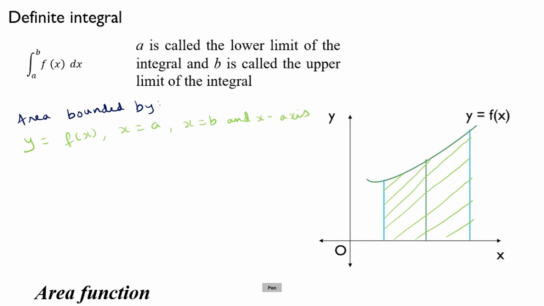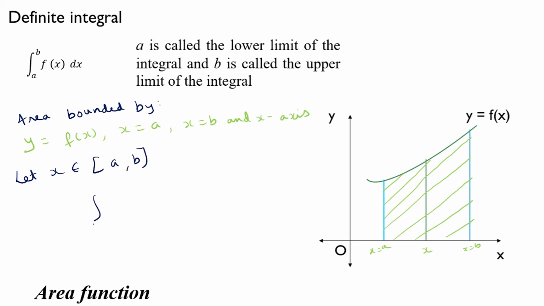Now if we have a point, say x, in this closed interval a comma b, where this is a and this is b, let x belong to the closed interval a comma b.